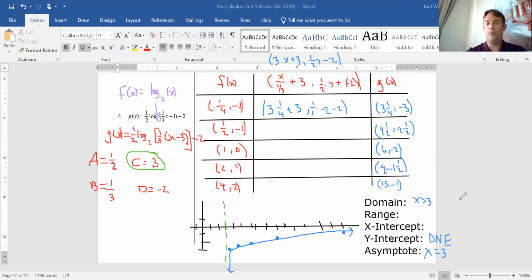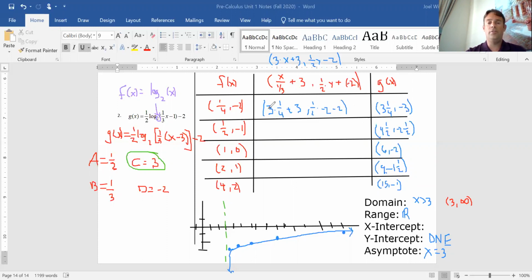Or again, if I wanted to write it in my other notation, 3 to infinity. And my range would be all real numbers.